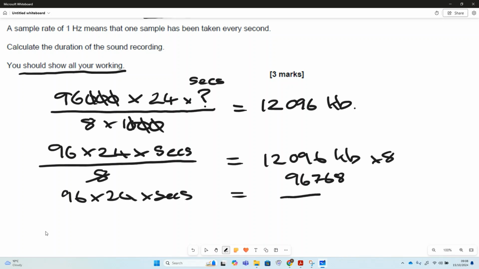So we're still trying to isolate the idea of seconds. If we divide this by 96, we can get rid of that, and so we then end up with 24 times seconds is 1,008, and so we've just got one more stage to go.